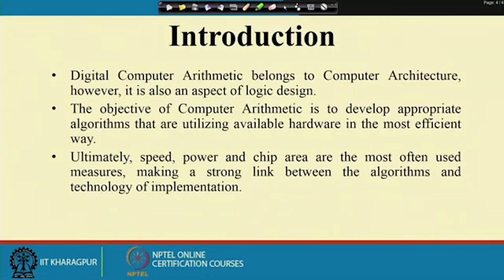As I said, digital computer arithmetic belongs to computer architecture, however, it is also an aspect of logic design. The objective of computer arithmetic is to develop appropriate algorithms that utilize available hardware in the most efficient way. And what is our ultimate target?